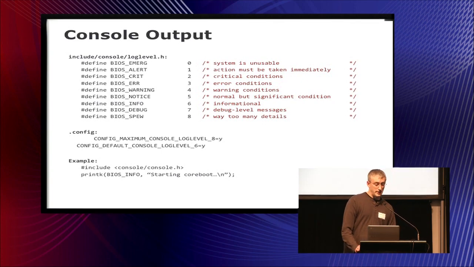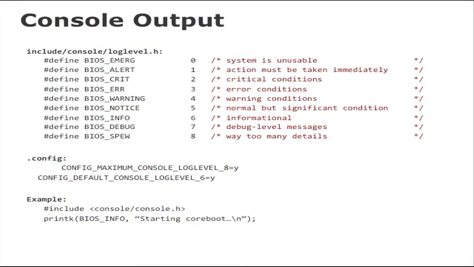Okay, so getting console output inside of coreboot looks fairly similar to the kernel. We have various log levels defined that are pretty common. In the configuration system, you can set the maximum console log level, so any message above that will get compiled out.